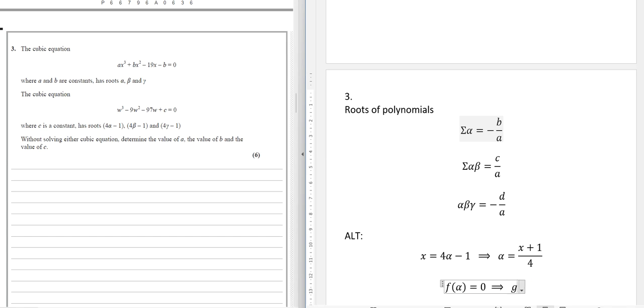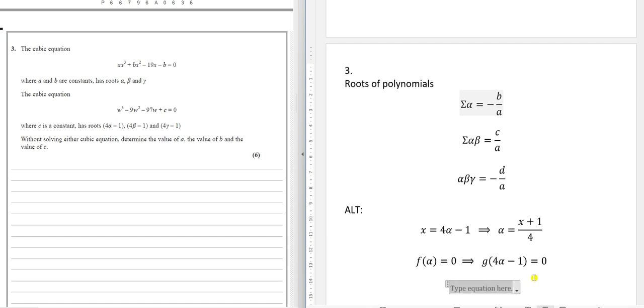And that means that I would like g, the new function that I'm trying to create, I need g of 4 alpha minus 1 to be 0. How do I make that 0? Well, I need to work out what g is in relation to f. And I want g of x, so that's going to be related to f of x plus 1 over 4.